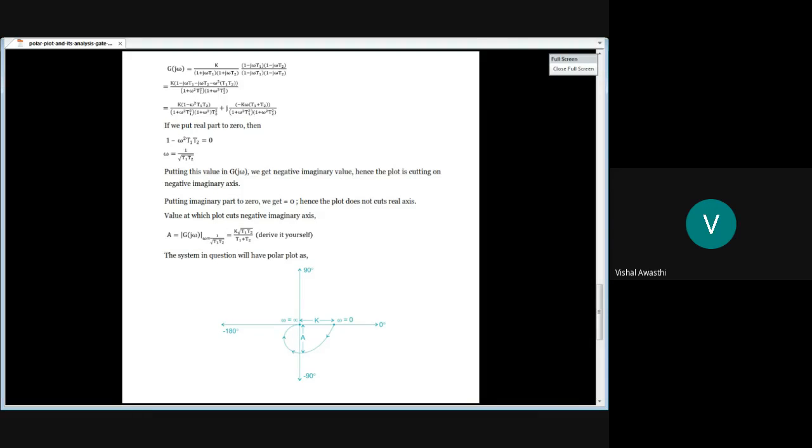If you can see in your j omega part, when you take the second j omega part or imaginary part, you just have minus K omega T1 T2 equal to 0. When you solve this one, you will get omega is equal to 0.